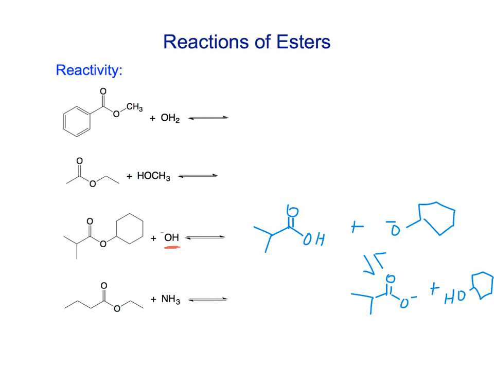However, because it's in basic solution, we get this acid-base reaction, and we go to here, and now we see that the carboxylate anion, that was at the bottom of the reactivity, is much less reactive. So this is going to siphon the whole reaction towards the product.